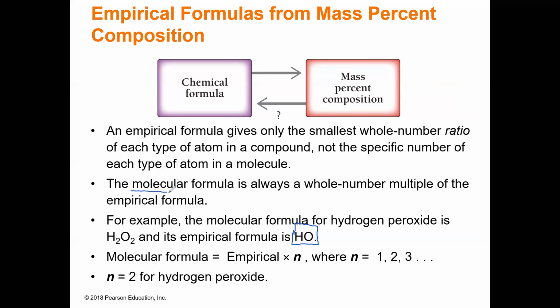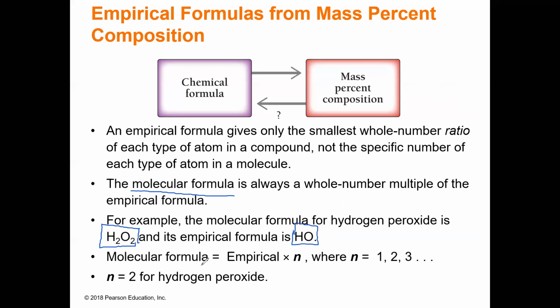The molecular formula is always going to be a whole number multiplier of an empirical formula. The molecular formula is what is actually happening if we were to look at it on an atomic level. So it's actually 2 hydrogens combining with 2 oxygens. But if I was to reduce this down, I would get my empirical formula.